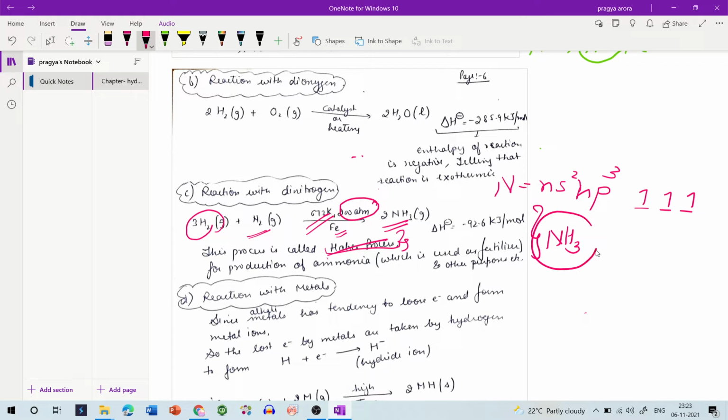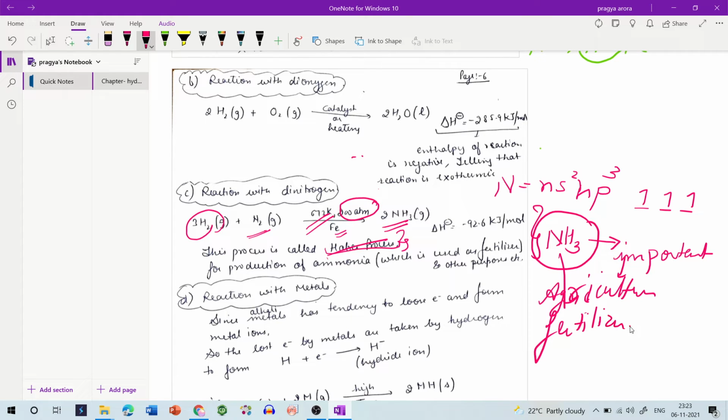Ammonia is utilized in nature and it is very important. Why? Because of the agricultural point of view. Ammonia is used as fertilizer. It was very important during the time of the Green Revolution.